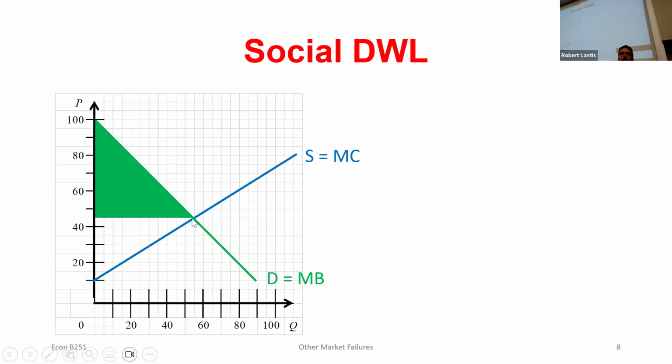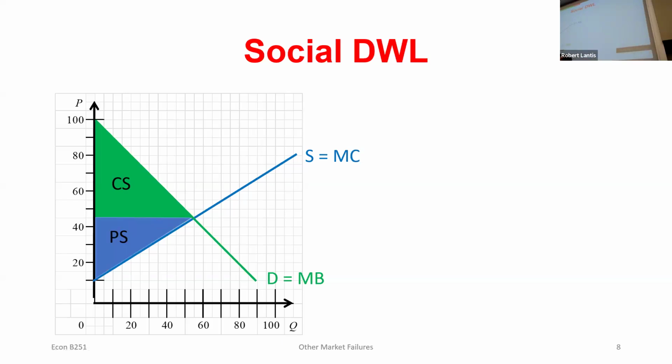What would consumer surplus be? The difference between the marginal benefits to consumers and the price that they pay. So here would be our consumer surplus. What would producer surplus be? That's just the difference between the price they receive and their marginal cost represented by the supply curve. So we have producer surplus being up here.